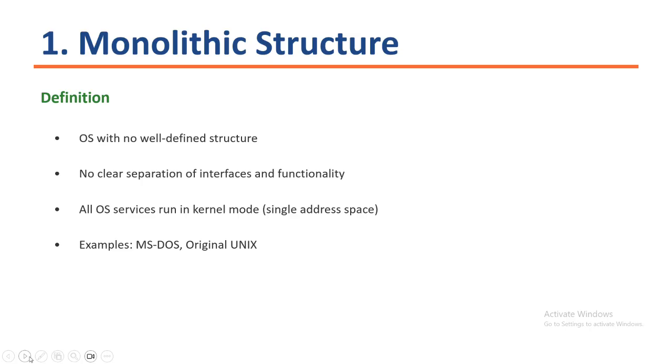Monolithic structure. Operating system with no well-defined structure, no clear separation of interfaces and functionality. All operating system services run in kernel mode. That means single address space. Example, MS-DOS, original Unix.